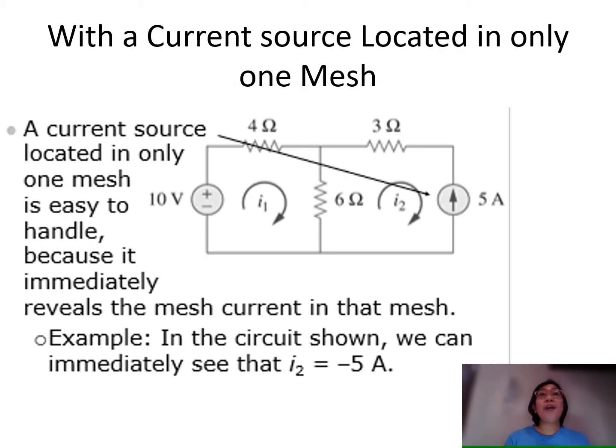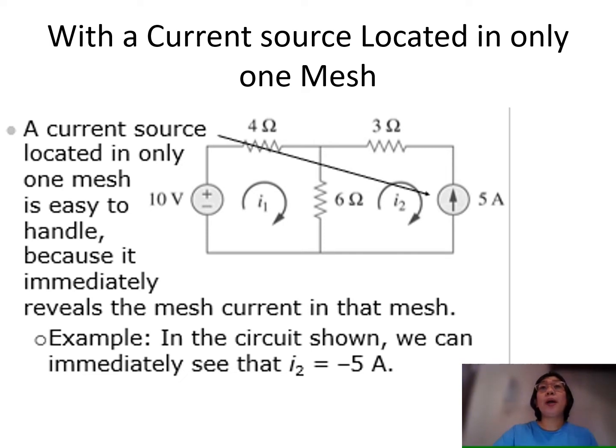So what if we have a current source located in only one mesh? For example, we have a current source located directly at mesh number 2. A current source located in only one mesh is easy to handle, because it immediately reveals the mesh current in that specific mesh.